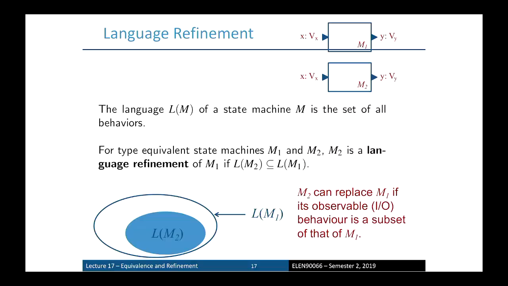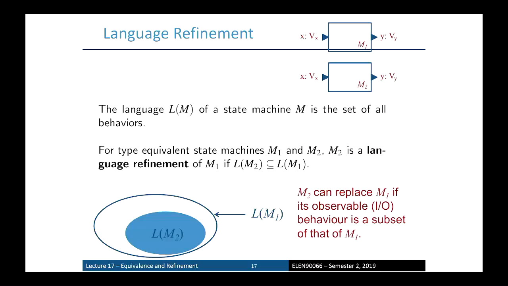It doesn't make sense to not have them type equivalent, right? Because we're looking at input-output behaviour. They better be type equivalent. Okay, so if they're type equivalent machines, M2 is what's called a language refinement if the language of M2 is contained in the language of M1.